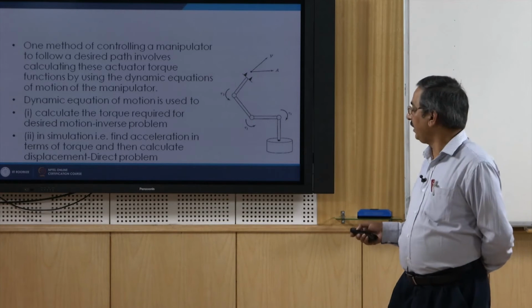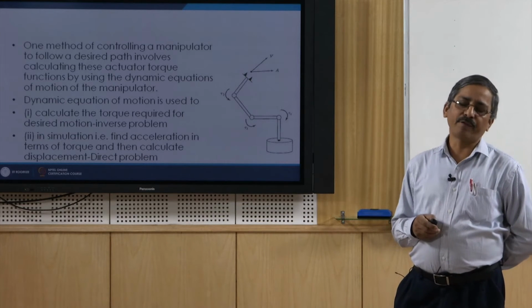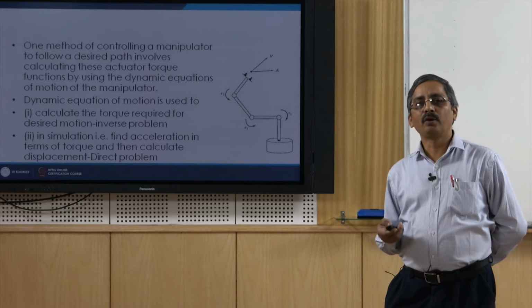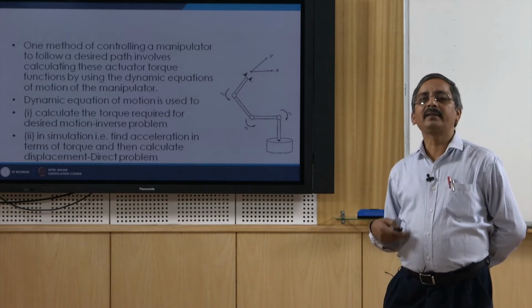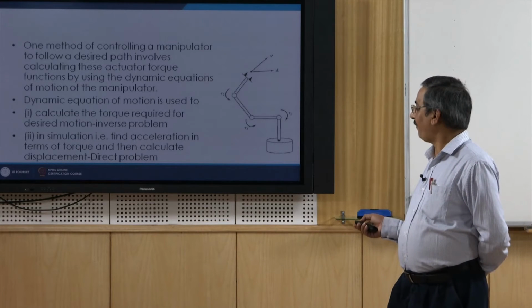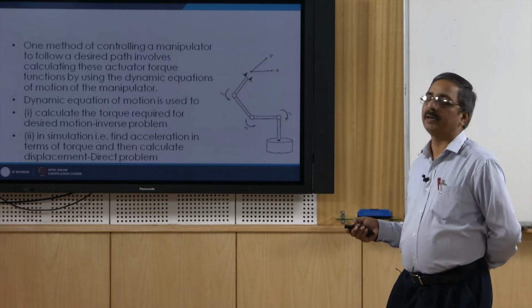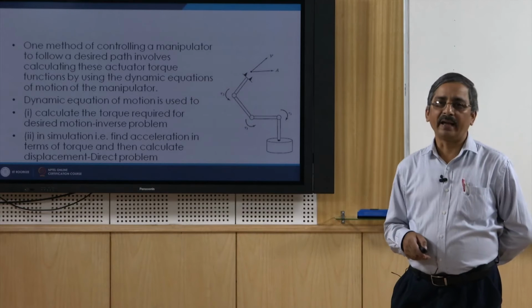The other purpose could be simulation, that is, if you are given the joint torque, we can find out the acceleration, velocity and the displacements. So, find acceleration in terms of torque and then calculate displacement, and this type of problem is what is called the direct problem.